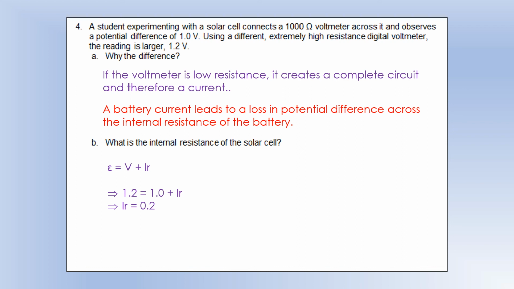We know the EMF and the terminal voltage, so we know that Ir equals 0.2. To get the internal resistance, we need to figure out the current. But we know the terminal voltage and the resistance, so we can figure out the current, and using those two values gives us an internal resistance of 200 ohms, and that completes this circuitry video.